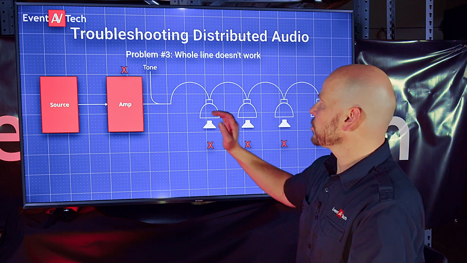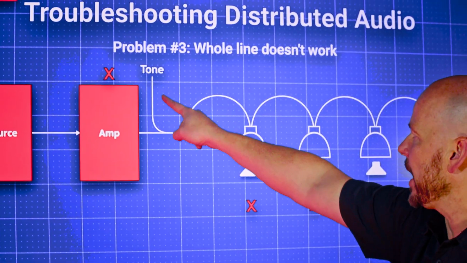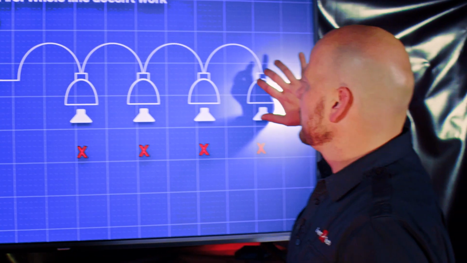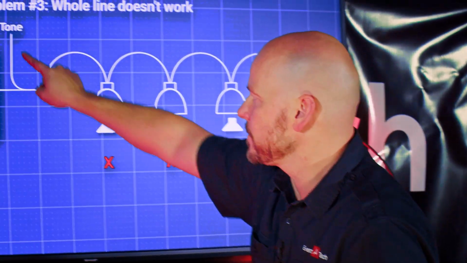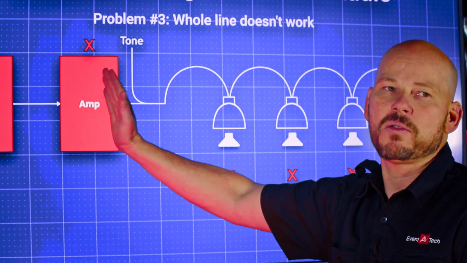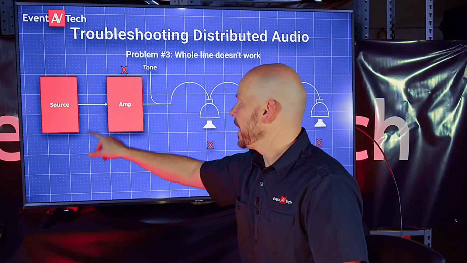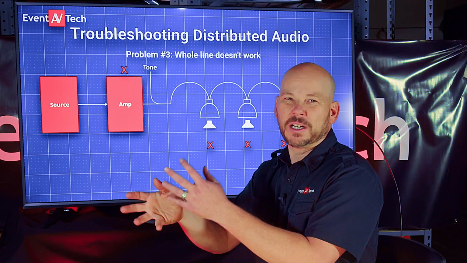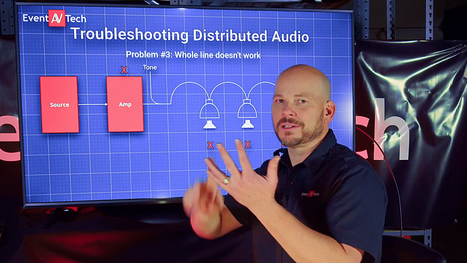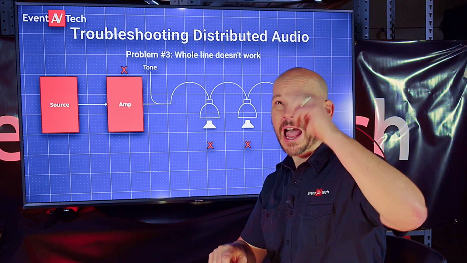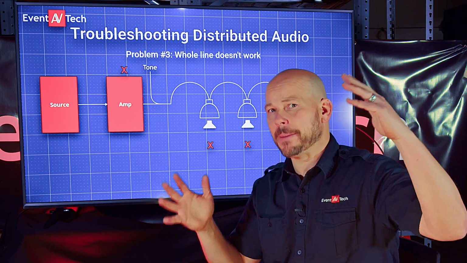Okay, so let's assume that we put the tone on and we do hear signal coming out down our distributed chain. Now these are working with tone. Now I know that I've got some problems in this part of my signal flow. I can check my amp, make sure that the Phoenix plug and everything's connected, make sure that it's in the proper mode, make sure that the output is looking at the right input, which happens a lot.